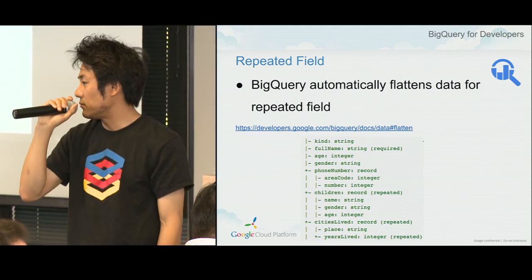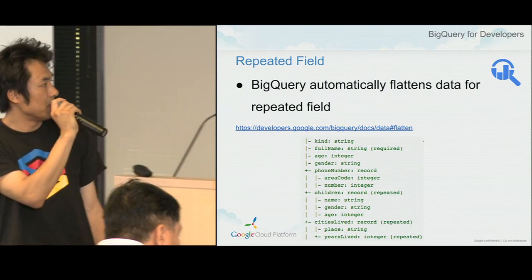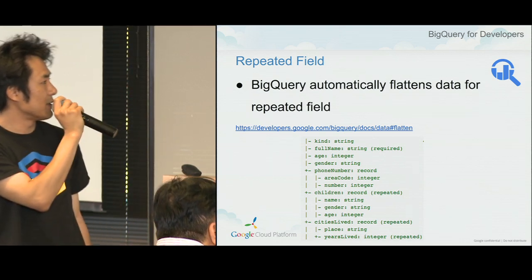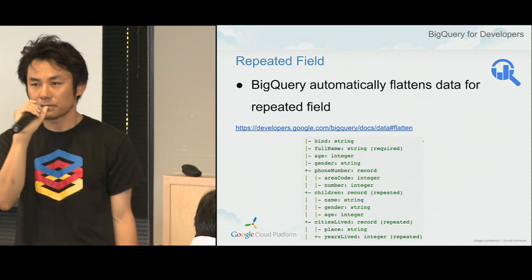Repeated field. We talked a lot about the repeated field. BigQuery automatically flattens the data for a repeated field when you select.